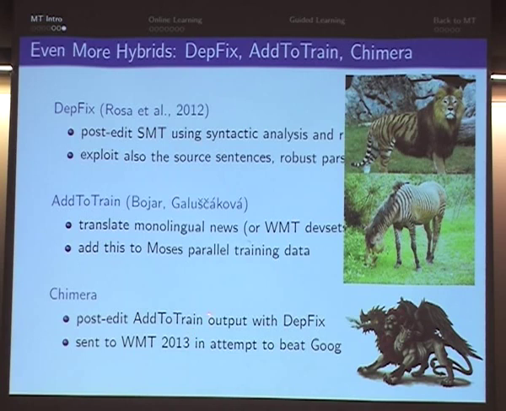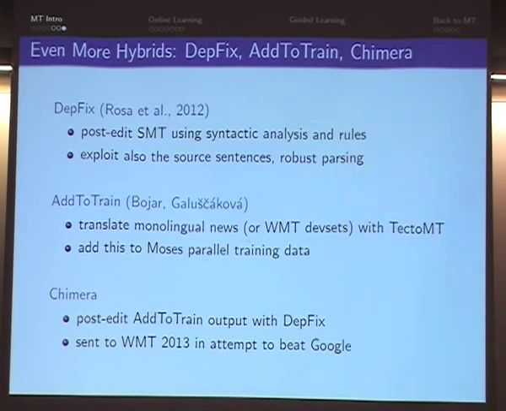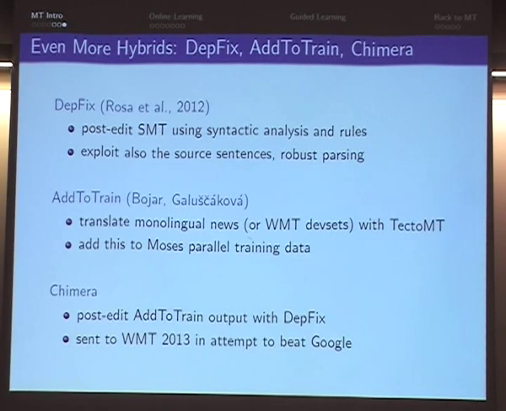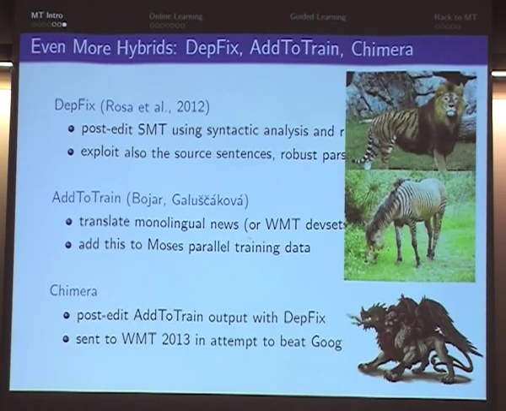So it's actually TectoMT combined with Moses, combined with DepFix, and the goal is to beat Google this year, finally, without using Google. DepFix already beat Google last year using Google output. So this is a harder task. Okay, so we will see.